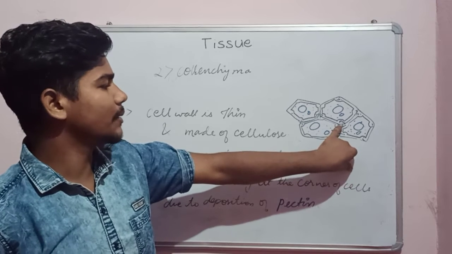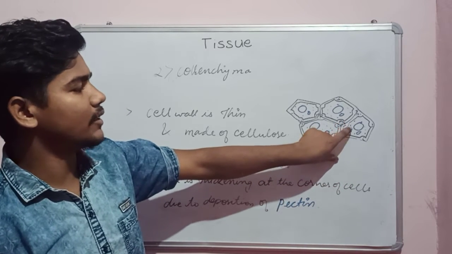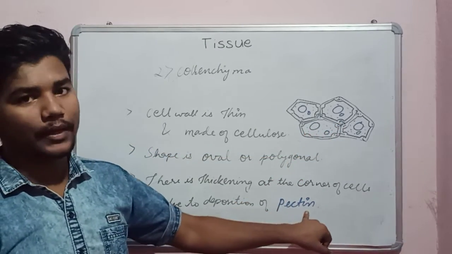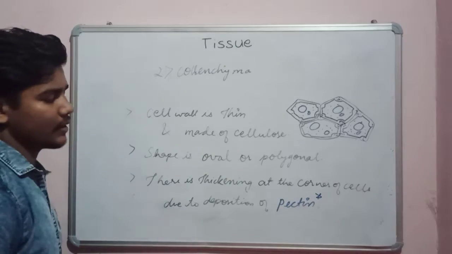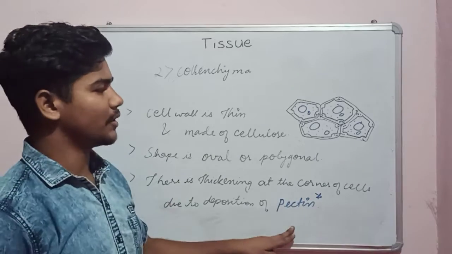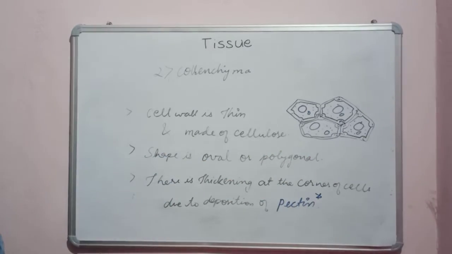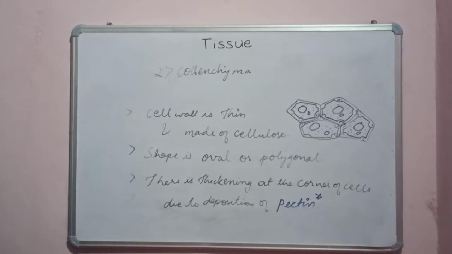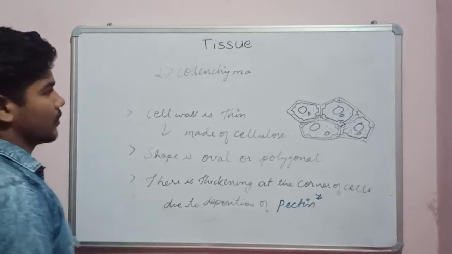So you might be looking here that there is uneven thickening at the corners of the cells, that is due to the deposition of pectin. This you have to remember. This is the characteristic of collenchyma tissue, that there is presence of uneven thickening of the cell. So this is for the collenchyma.